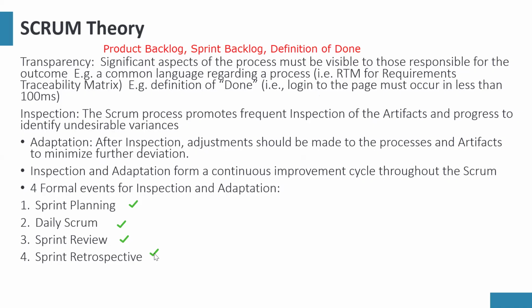So Scrum designed 4 events according to empirical process control. And these are the 4 events we're going to be talking about. Sprint planning, what happens there? Daily scrum, what happens there? Sprint review, what happens there? Sprint retrospective. The 5th one is the sprint itself, right? And all these have been designed for inspection and adaptation, which means we are following the principles.